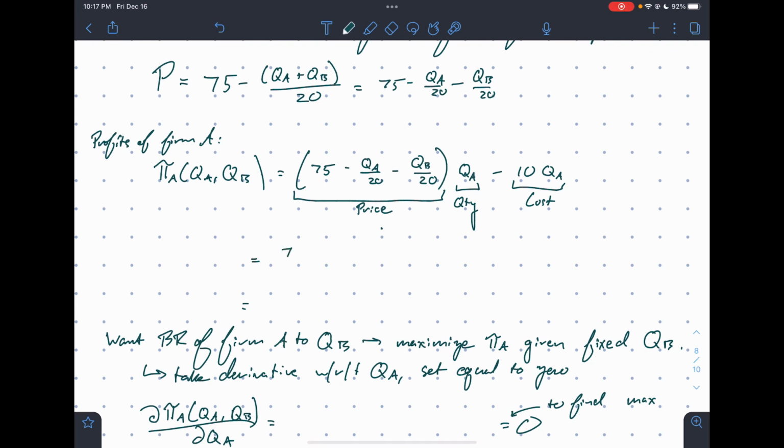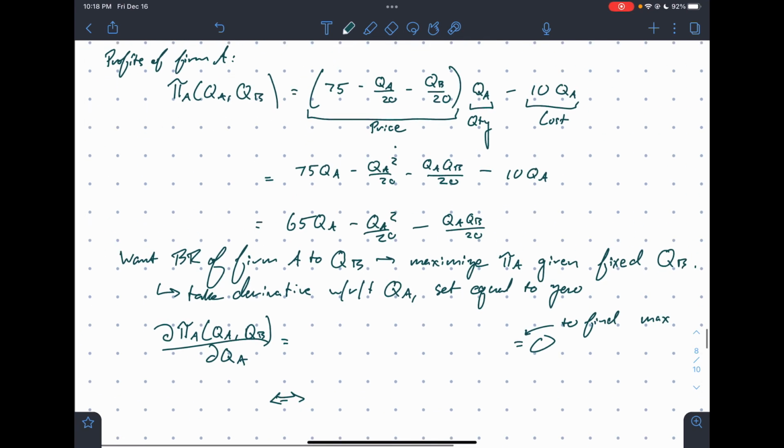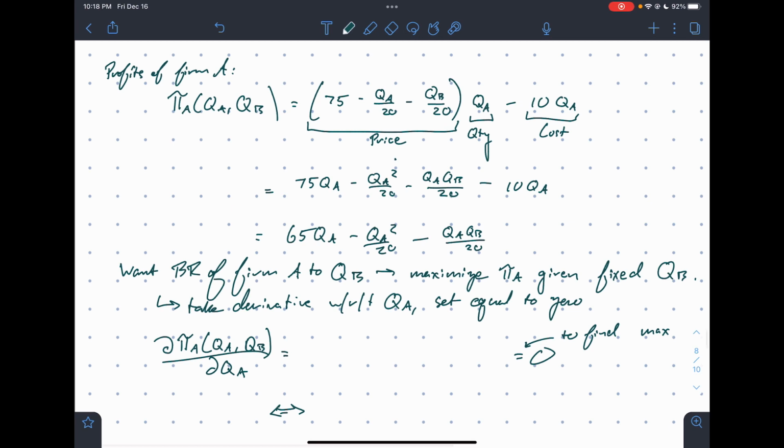It's going to be 75 QA minus QA squared over 20 minus QA QB over 20 minus 10 QA. And I can rewrite this as 65 QA minus QA squared over 20 minus QA QB over 20. Okay, so this is the profit function of firm A.